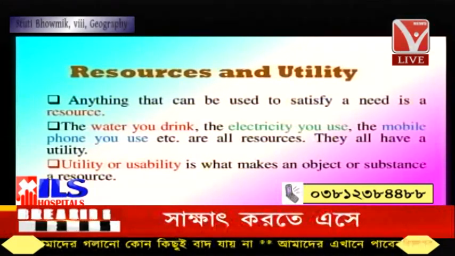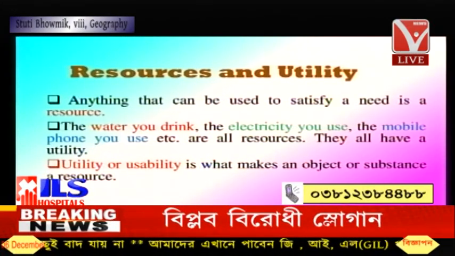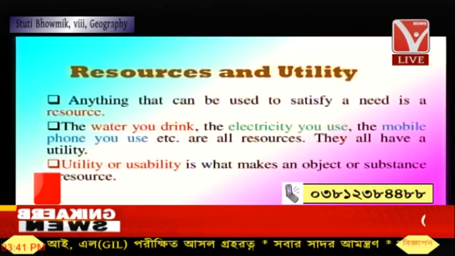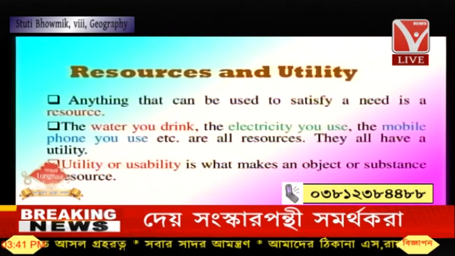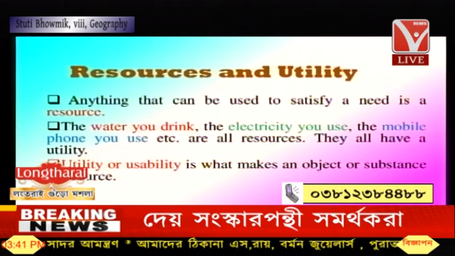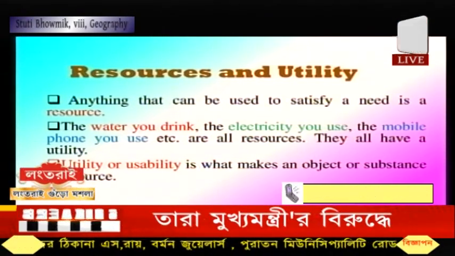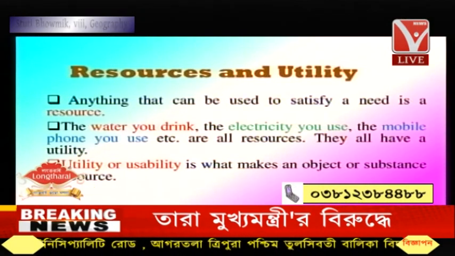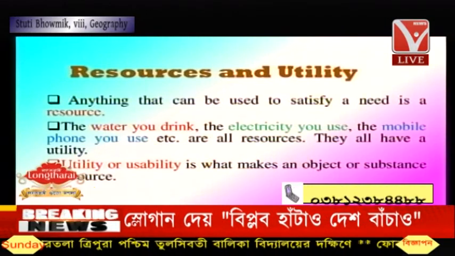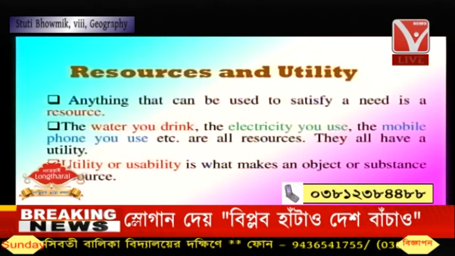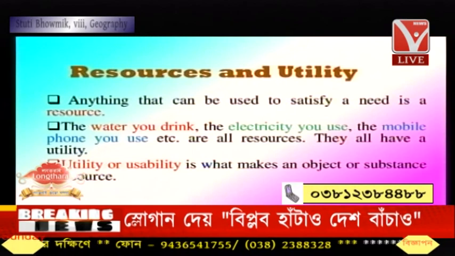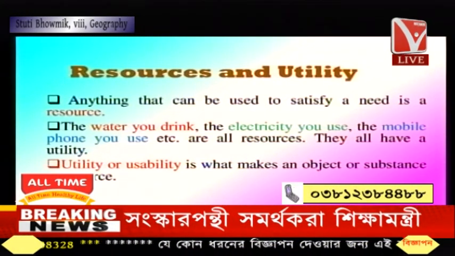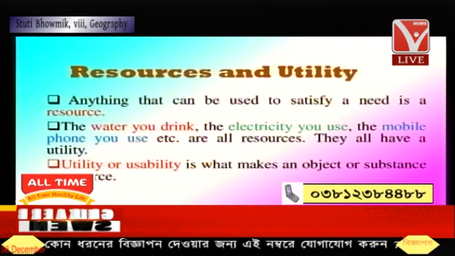The water you drink, the electricity you use, the mobile phone you use, etc., are all considered resources, and they all have utility. Utility means usability. That is what makes an object or substance a resource. Where there is demand and utility, only then is it called a resource, right?